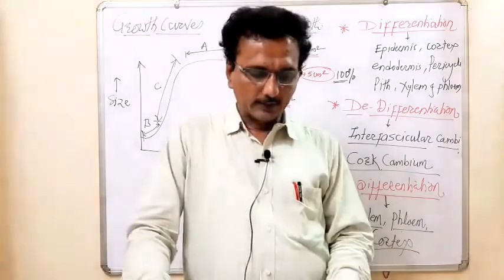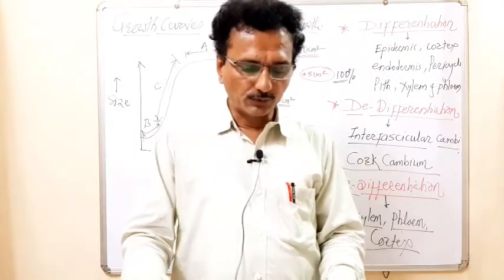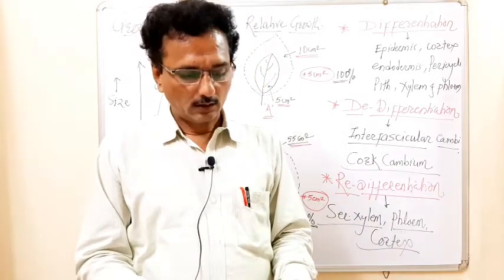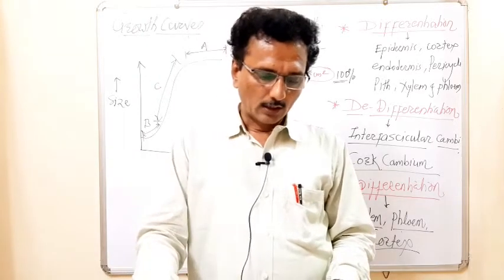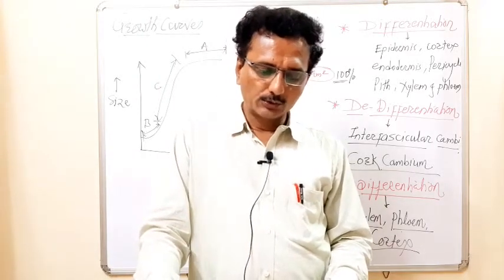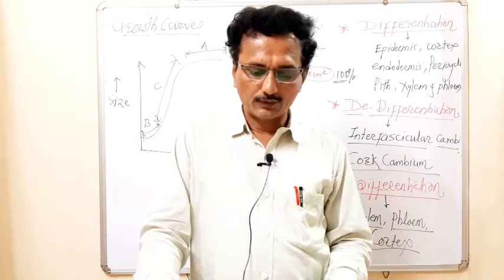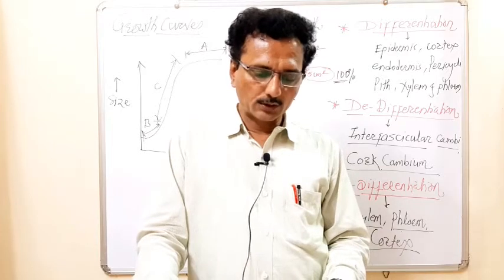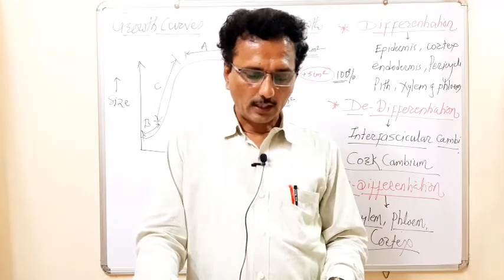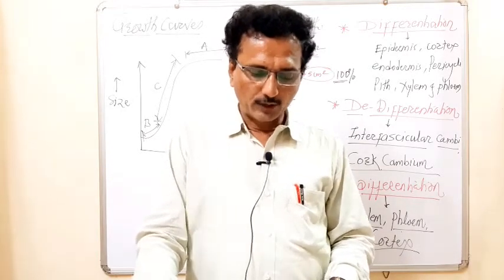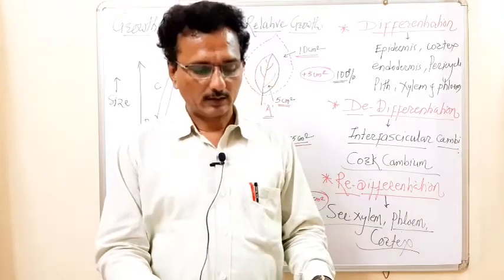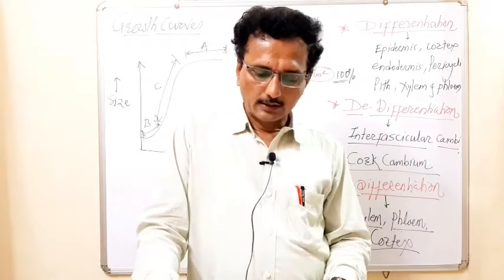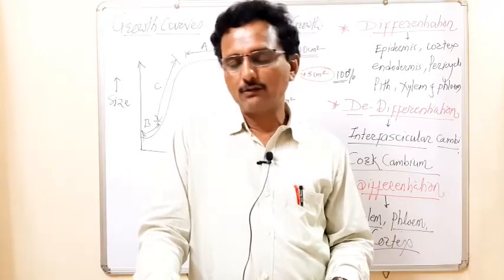Next question number 22: which of the following is an example of differentiation? The options are given. First option, lignocellulosic wall thickenings of the tracheids. Second option, loss of nucleus, vacuolization and end wall perforations in sieve tube elements. Third option, elongation, thickening and emptying of sclerenchyma fibers.